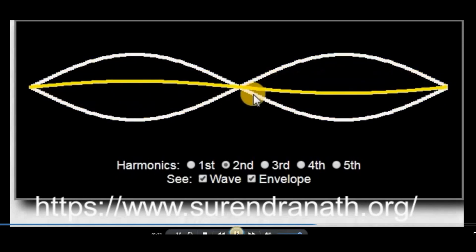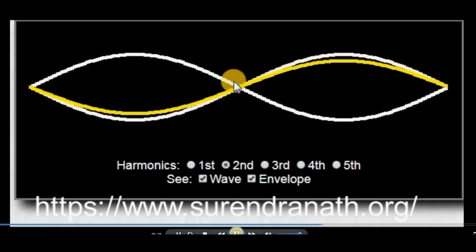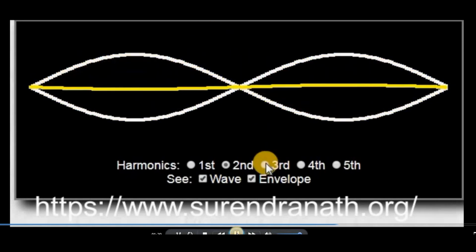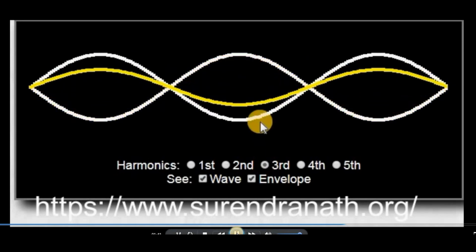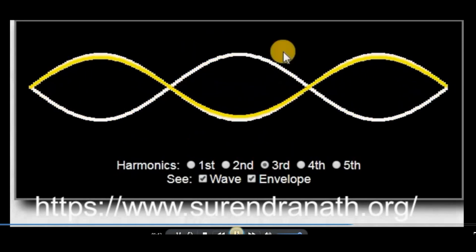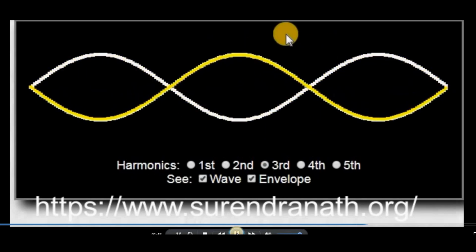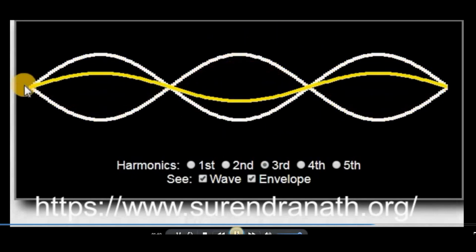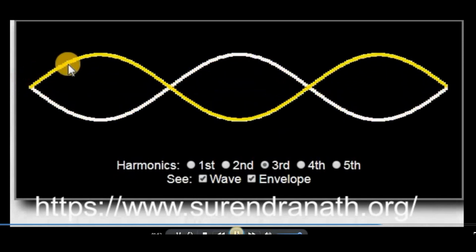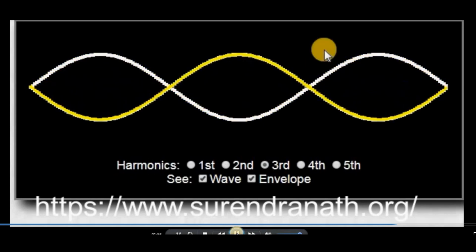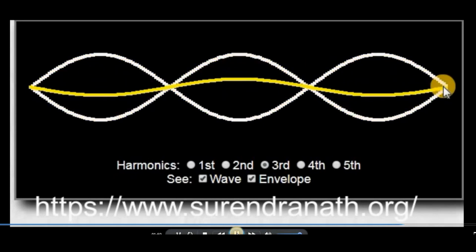So this represents the vibration of the string for the second harmonic. Now if you move to n is equal to 3, this is the pattern of vibration, the third harmonic. You can see that the entire string is divided into one full wavelength plus one half wavelength.